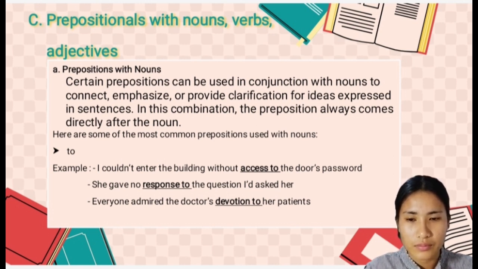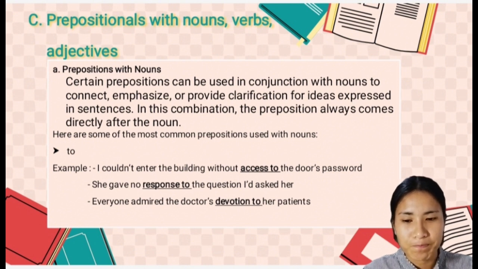And the last one is everyone admired the doctor's devotion to her patients. So here we can see the prepositions used with nouns, underlined: access to, response to, and devotion to. Alright, let's move.